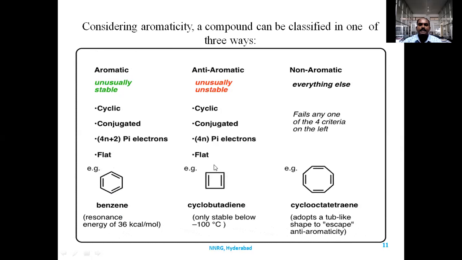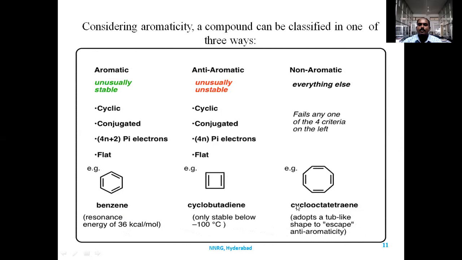Whereas if you take cyclobutadiene, it is cyclic, it is conjugated, and 4n pi electrons are there. Though it is flat, it is quite unstable, because it has 4n pi electrons, and it is anti-aromatic in nature.